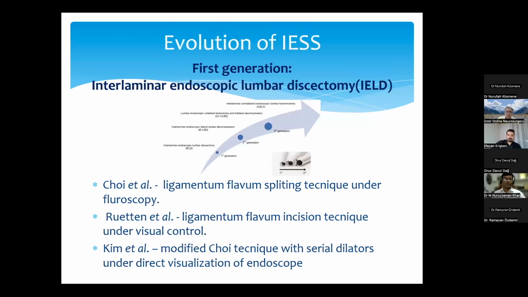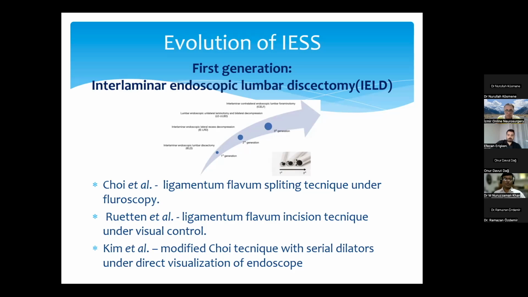At the same time, Ruetten made an incision, and the ligamentum preservation technique of Choi was modified by Dr. Kim with serial dilators under direct visualization of endoscope.